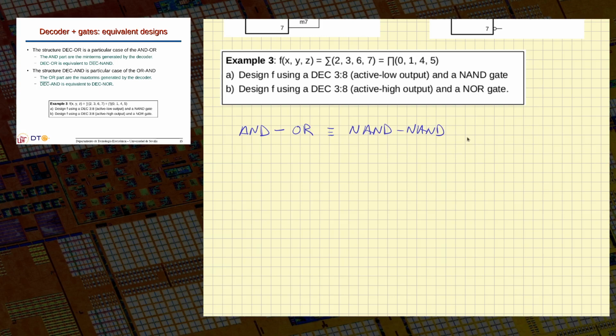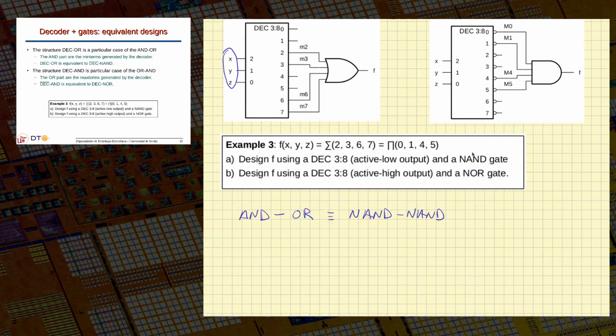So we can start with the solution here, but instead of using the minterms, the AND, we can use the NAND. How can we obtain the complement of the minterms? By using an active low decoder, because the active low decoder simply complements the minterms. So we use an active low decoder, but we think of the outputs as the complemented minterms. So we change the AND level to a NAND level. And then to make the sum, we use a NAND instead of an OR gate.